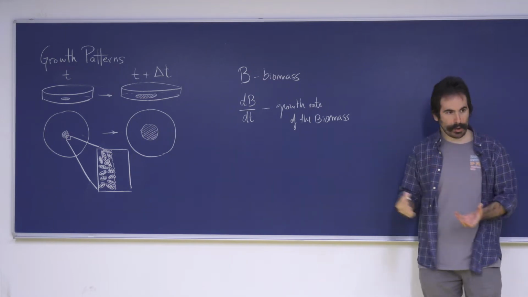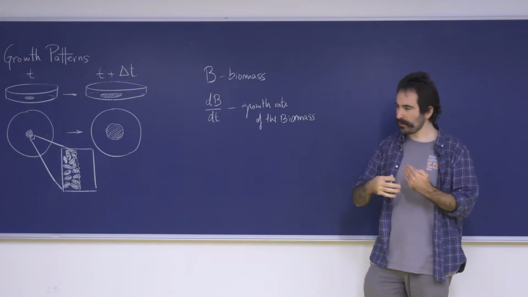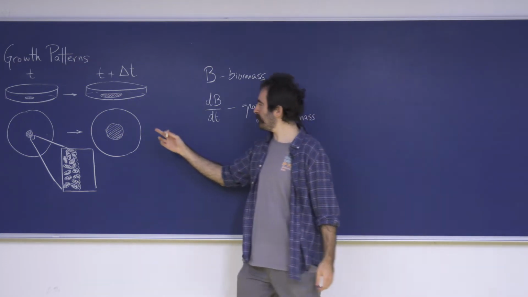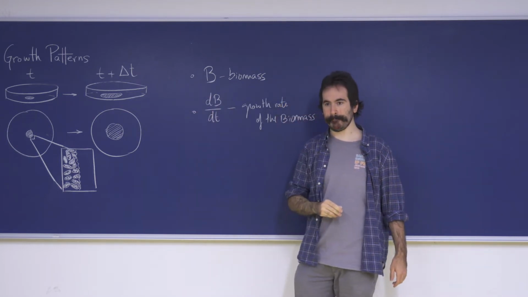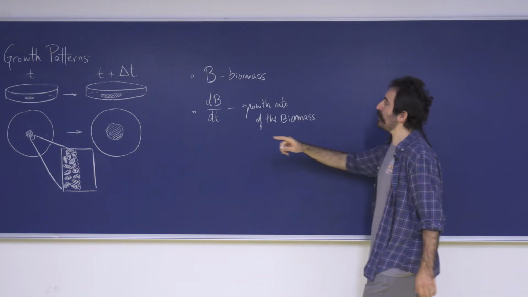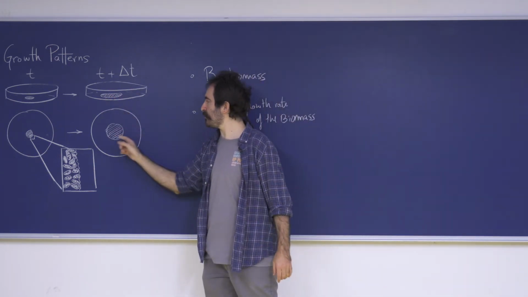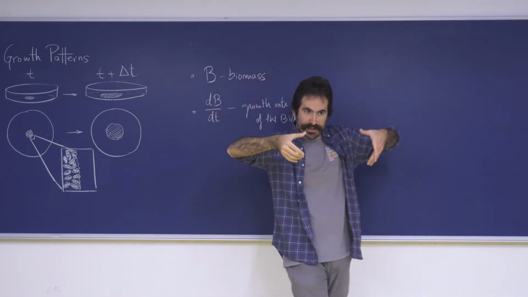Right, so with all that has been said so far, now we can try to imagine what kind of relation there is going to be between these two variables. So remember, first off, biomass: if we think of this as a circularly symmetric system that grows radially, right?